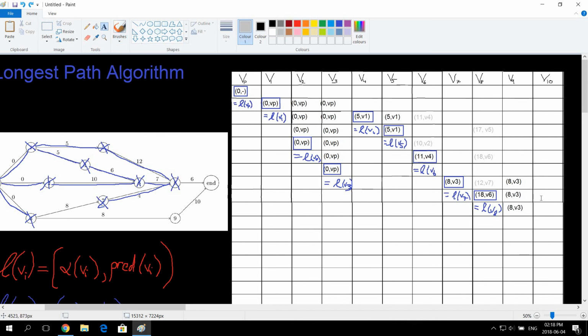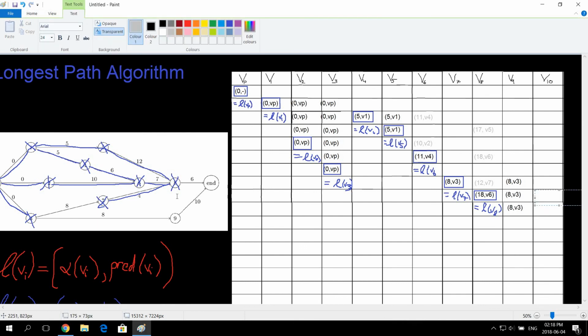So let's just write here what it would have equaled. So it's 18 plus 6, 24, and it came from V8.